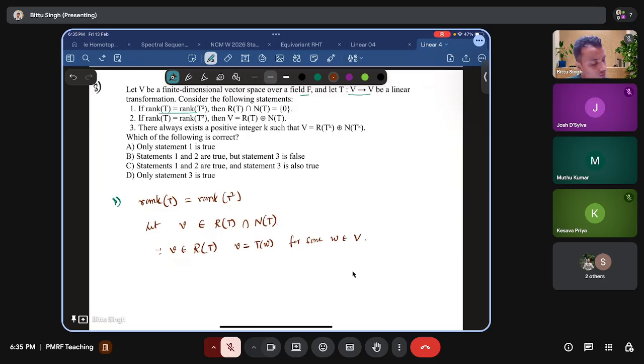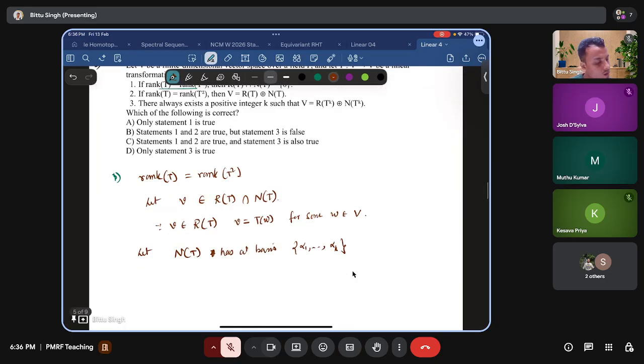So let the null space of T have as a basis alpha 1 up to alpha k. That means the nullity is k. I am assuming this.